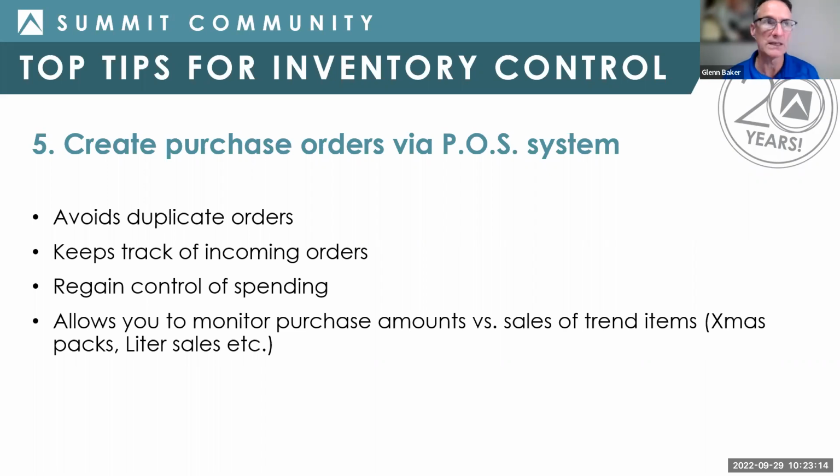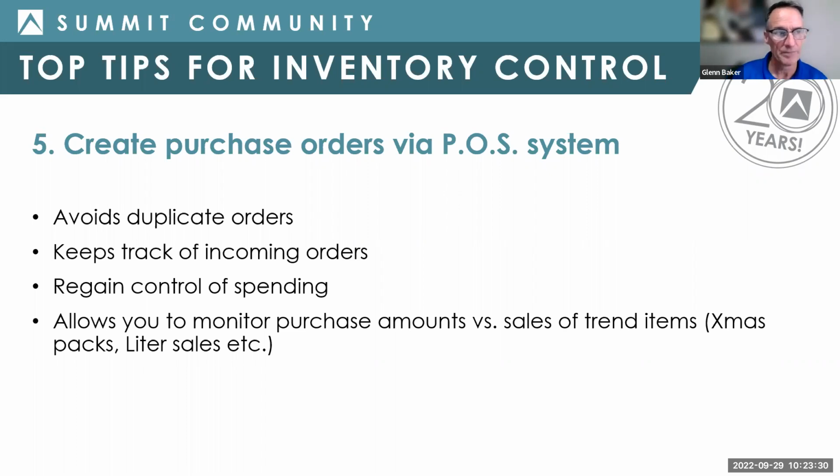Number 3, it gives me a level of regaining control over the overall spending of inventory in the salon, which becomes quite obviously important. And number 4, it allows you to monitor purchase amounts versus sales items.